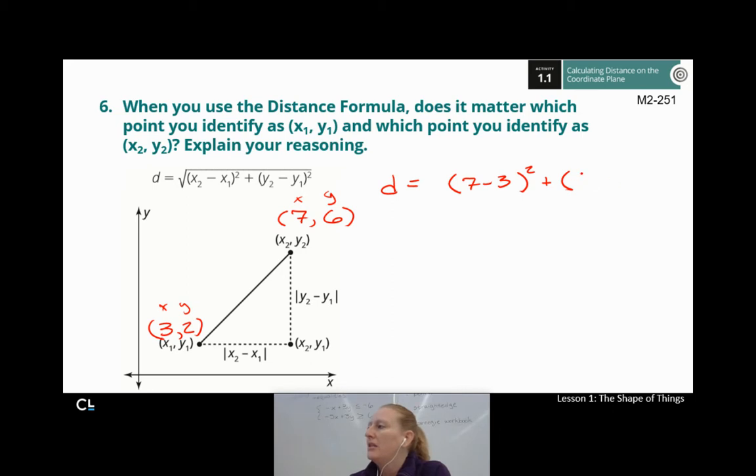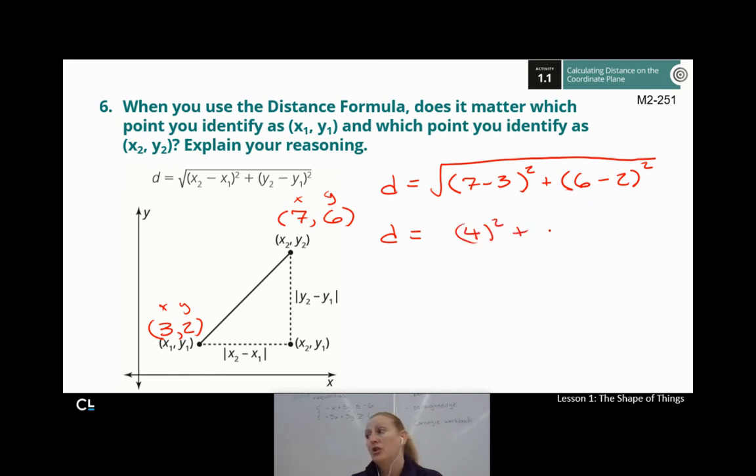In this case, 6 minus 2. And I will square it, and then there's a big square root. So I've set up the formula. Subtract it, square it, add it, square root. And I'm going to work this out. 7 minus 3 is, of course, 4. Plus 6 minus 2, which is also 4.